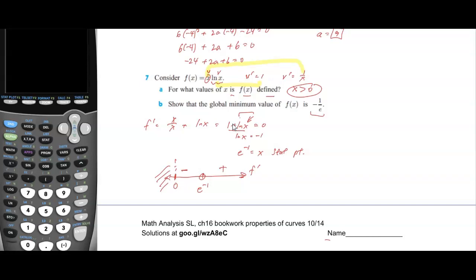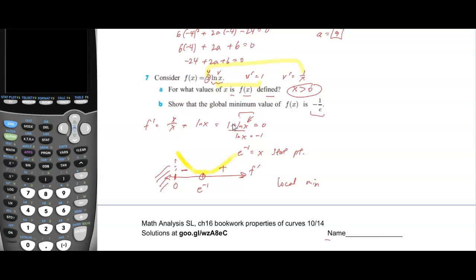So how do we know that -1 over e is a minimum? Because if you look at the sign diagram, you can see that the derivative is saying the function goes down here, flattens out here, and goes up. So we know that e to the -1 is a local minimum, at least, right? It's at least a local minimum. How do we know it's a global minimum?